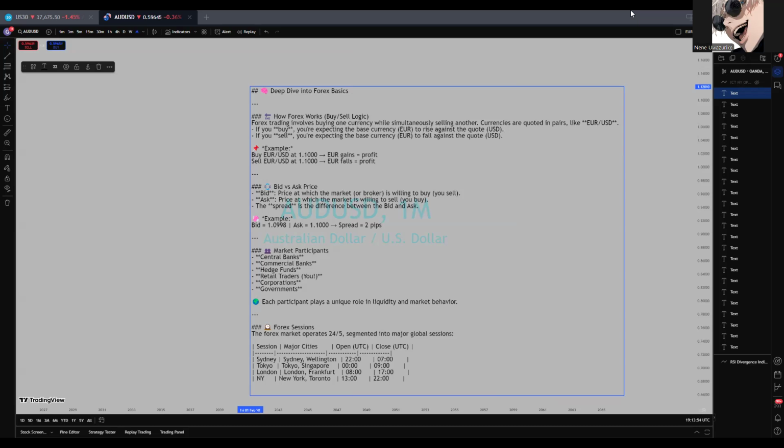It's just like your surname and your name. If they ask what's your name, and you say your surname before your name, just like that. So in this sense you have your quote currency and your base currency.